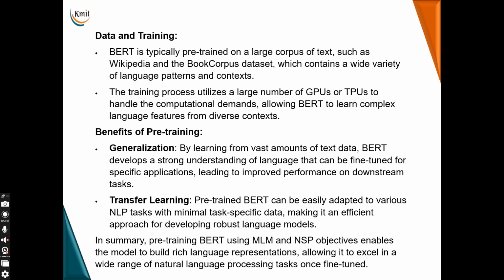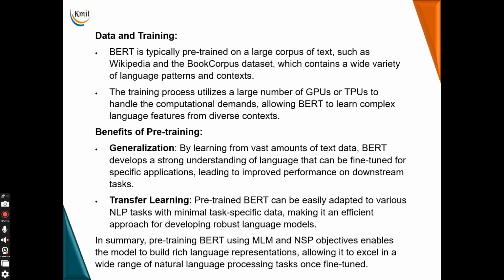Data and training. BERT is typically pre-trained on a huge amount of text data. Generally we make it learn from the Wikipedia and BookCorpus datasets. This contains various language patterns as well as contexts.